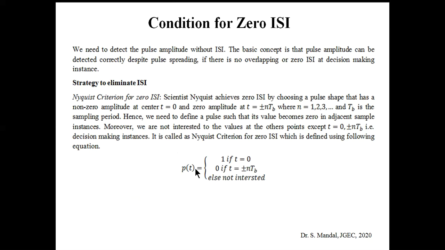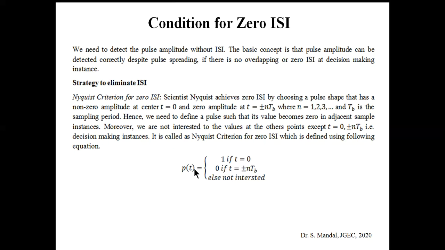Now let's see how we can remove this ISI effect, because we need to remove it so that we can clearly detect the corresponding voltage level at sampling instances.